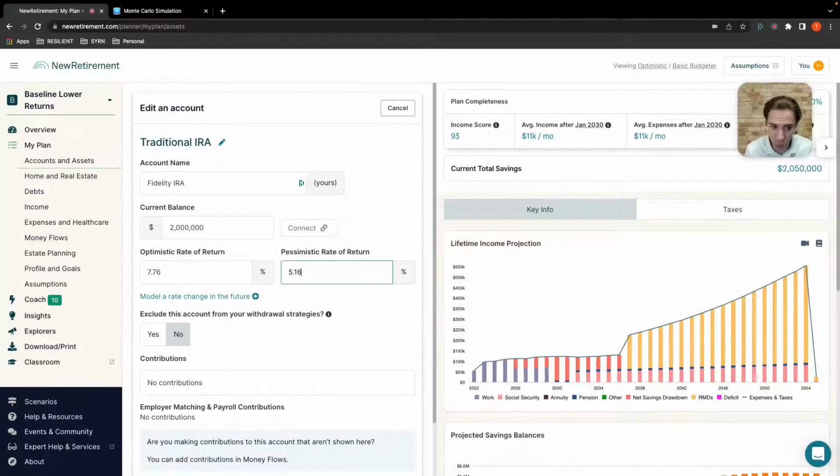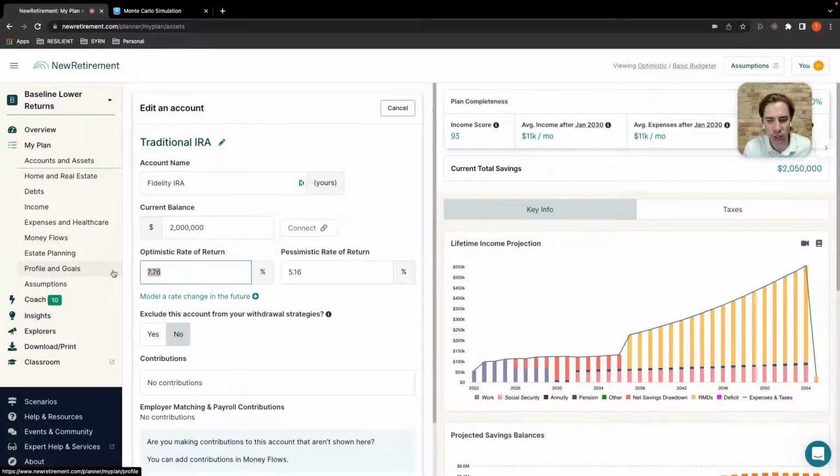And so 5.16%. And now you have an optimistic, which actually I would say is a fairly solid rate of return given a 60-40 portfolio. Solid rate of return to plan for over a long period of time. And now you have a pessimistic rate of return with reason and logic, right? As opposed to just plugging in random rate of return numbers that you're guessing.